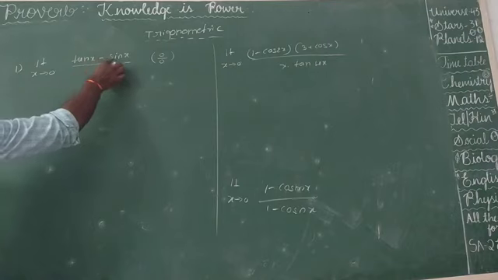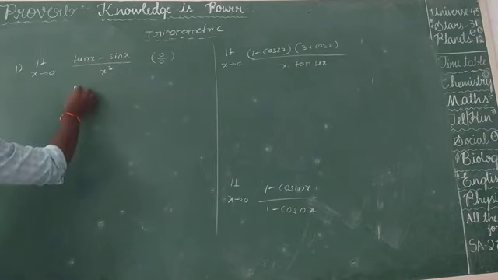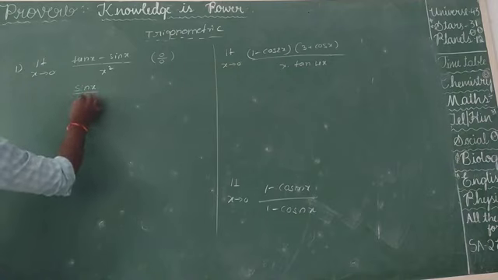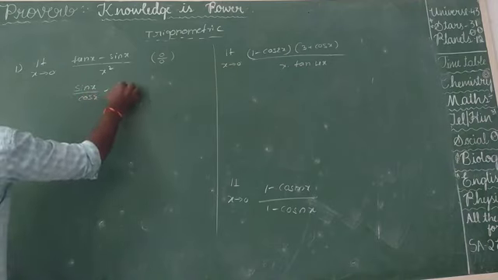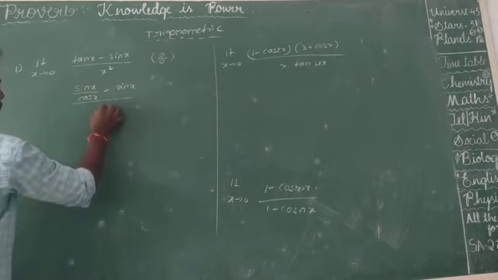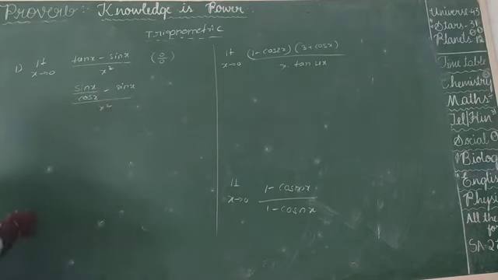So in tan x, I can replace tan x with sin x by cos x. So tan x converting into sin x by cos x minus sin x, by x square. So sin x will be common.